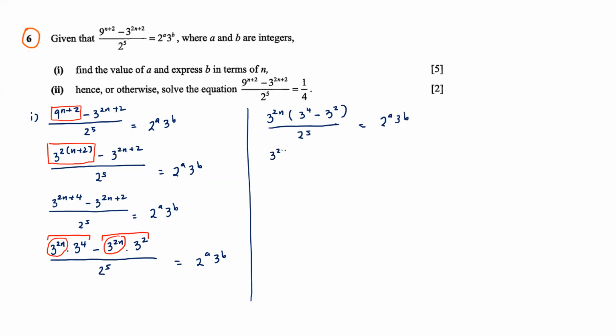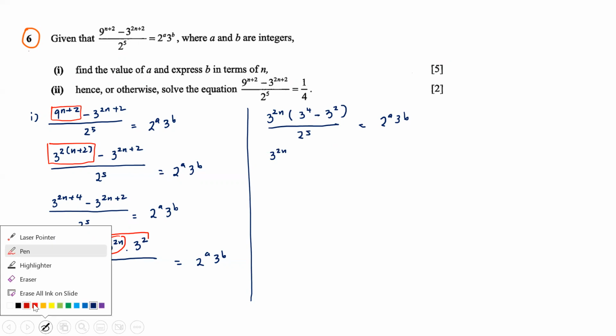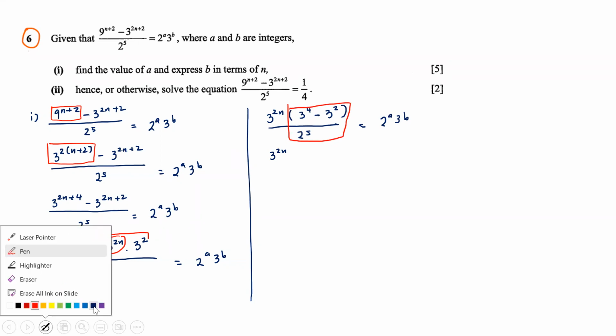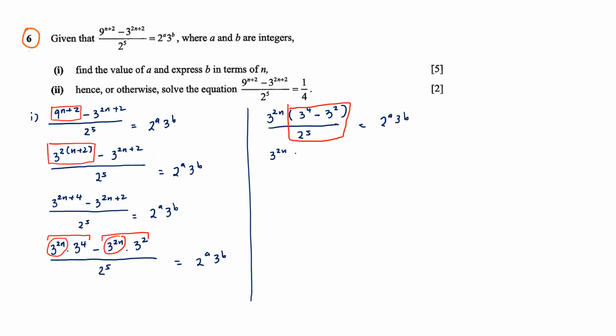Next step, I realized that out of all the answers that I have, I can actually work this out into a certain value itself. So 3 to the power of 4 is actually 81. 3 to the power of 2 is 9. Divided by 2 to the power of 5, which is 32, if I'm not wrong. Yes, 32.